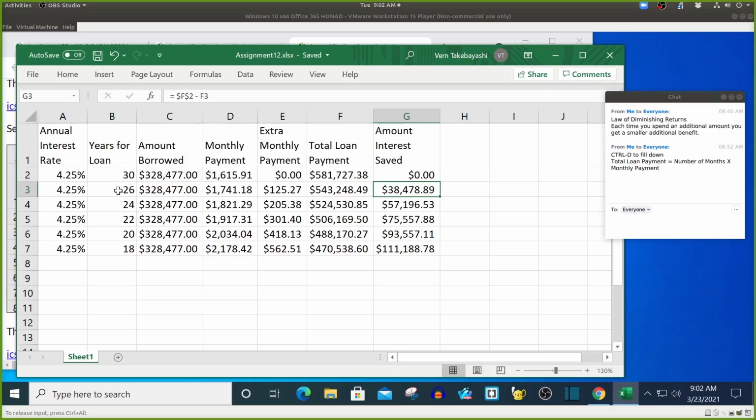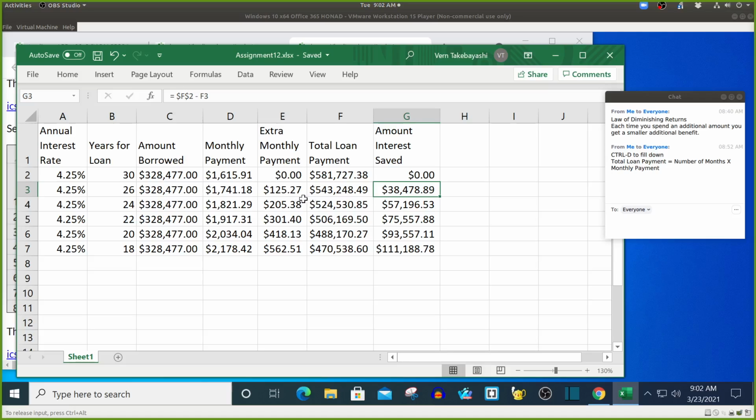So instead of a nice round number here, I'm going to have a number that goes two or maybe even three decimal places past the number of years to get a nicer number here. We're not going to shoot for absolute precision. We're going to try to get within 25 cents of a target amount.